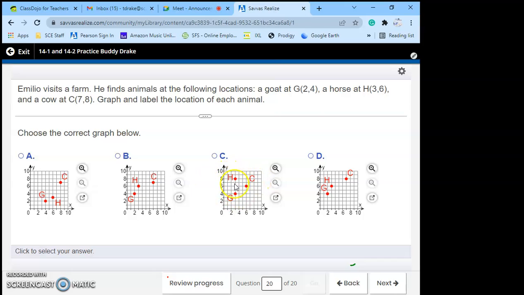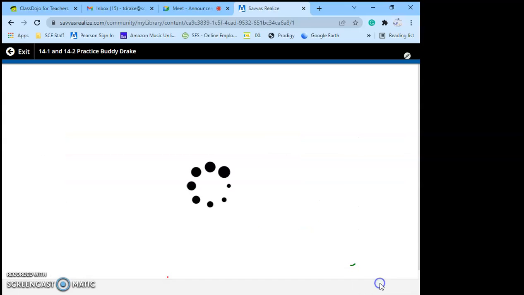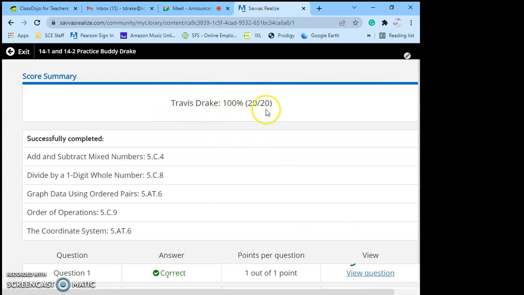The G and the H are right, and that G and H doesn't look the same. That one does. So let's check our C. Our C is 7, 8. Let's go over to 7 and up to 8. All right, they are all three correct. So I'm going to go with D. I'm going to submit. We got 100% today.